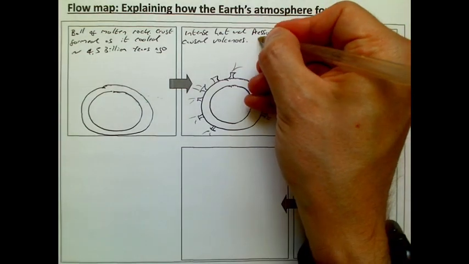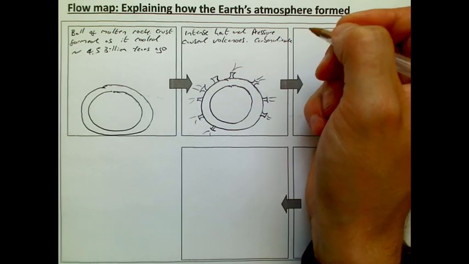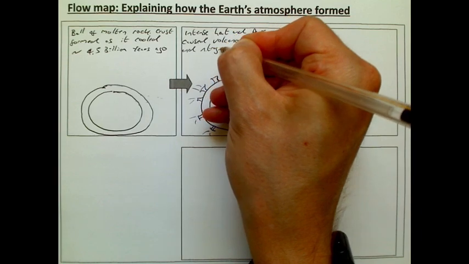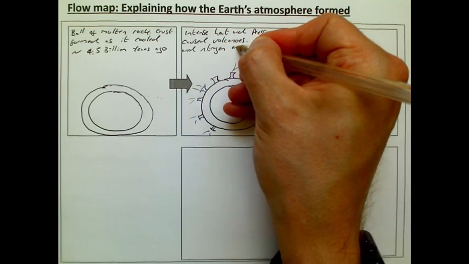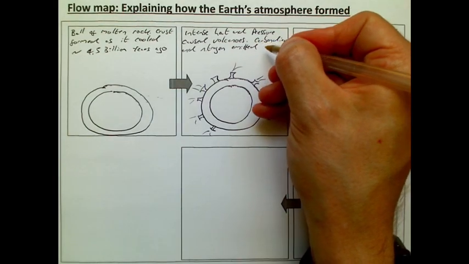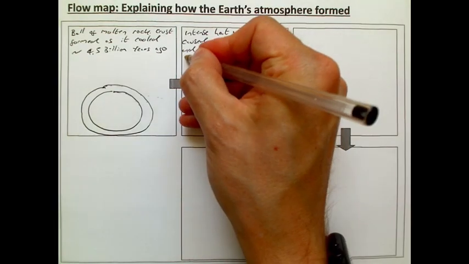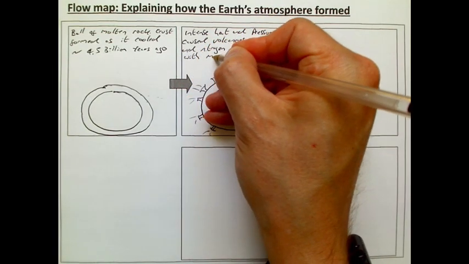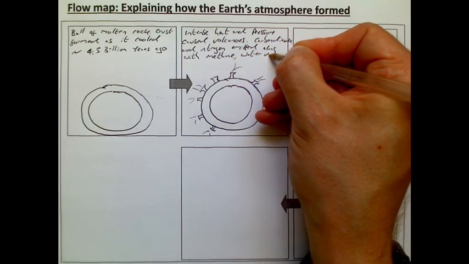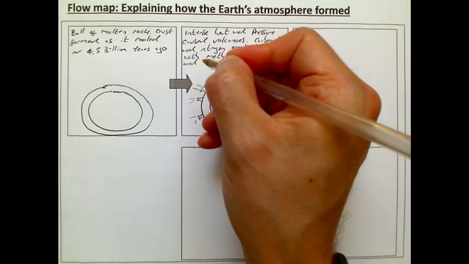And those gases were carbon dioxide and nitrogen. But there was also other gases. So carbon dioxide and nitrogen emitted along with methane, water vapor, and ammonia.